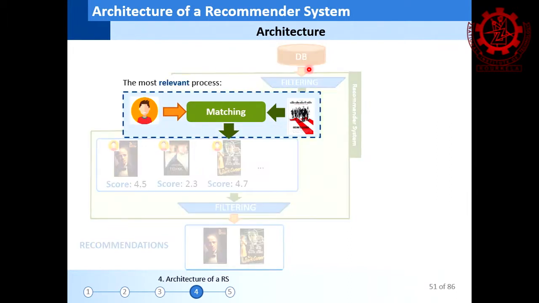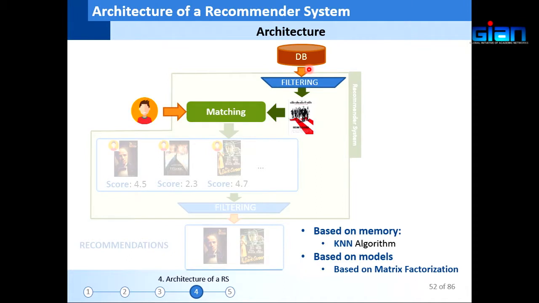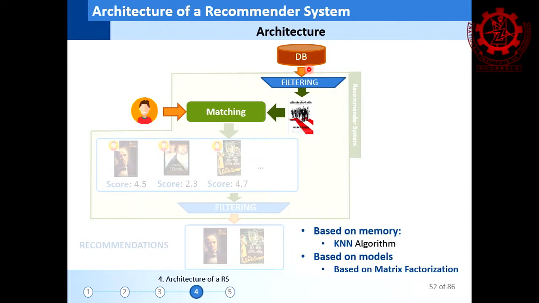The most relevant process in this system is the matching function. It depends on the domain, and it depends on the kind of recommender system. Indeed, we have considered two kinds of recommender system according to the matching process. The first one is the recommender system based on memory, which usually uses the KNN algorithm, which is very well known in machine learning.